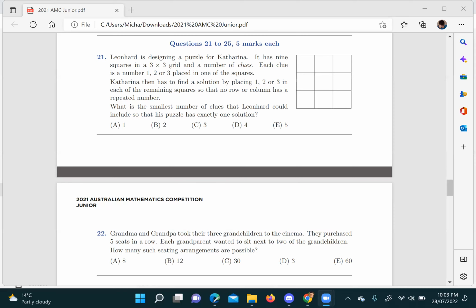I think the answer is 2. Oh wait, never mind. Actually, the answer is 2, uh, diagonals don't count. Wait, did you rule out 1?